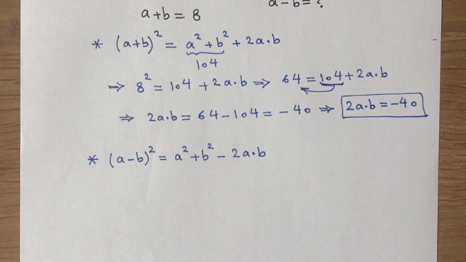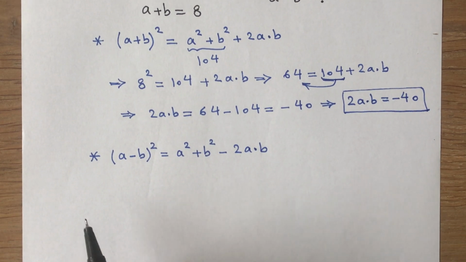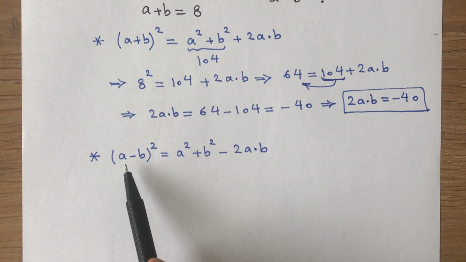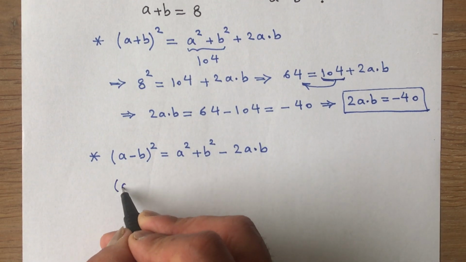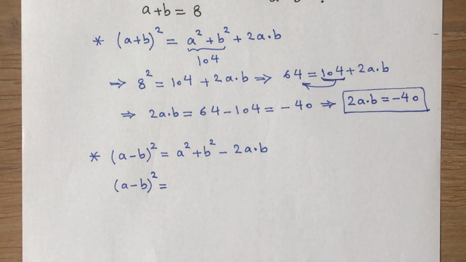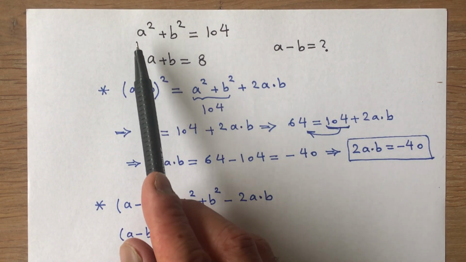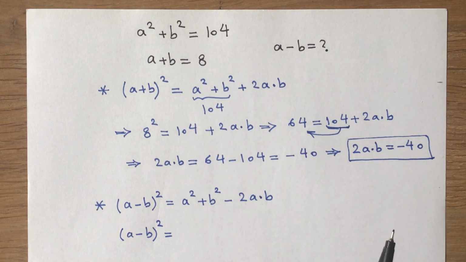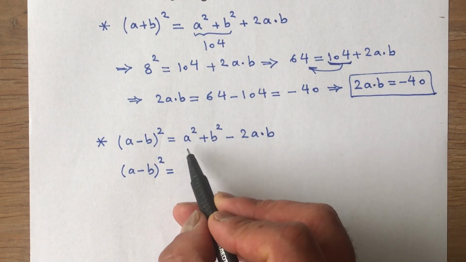And now we can continue our problem. Here, a minus b, I don't know how much it is, so I just write it. And I know a squared plus b squared from the first assumption is 104.